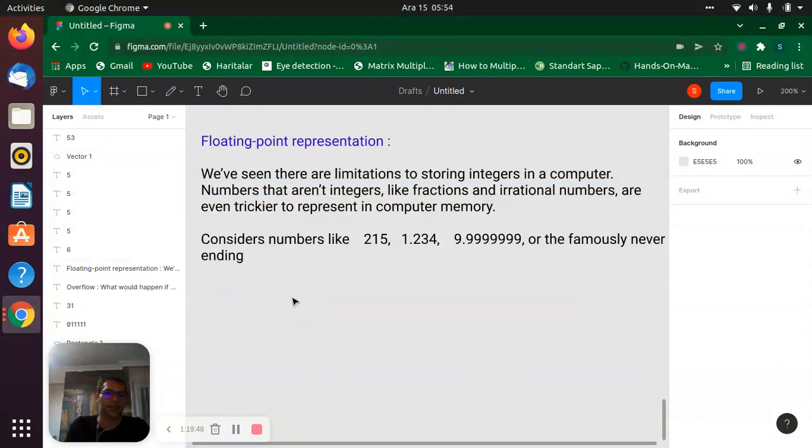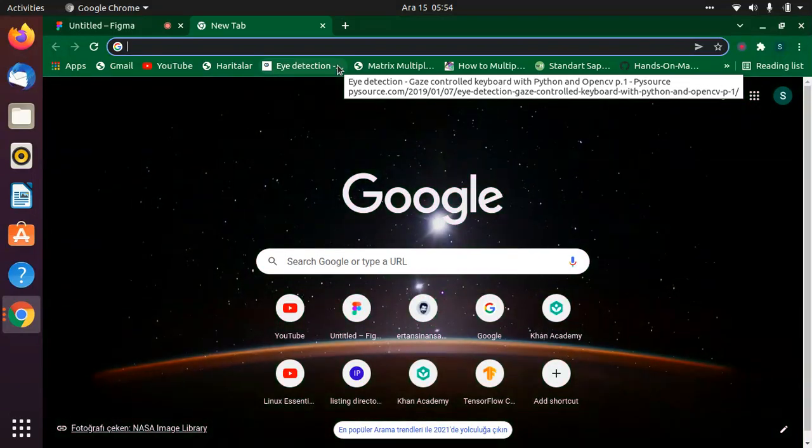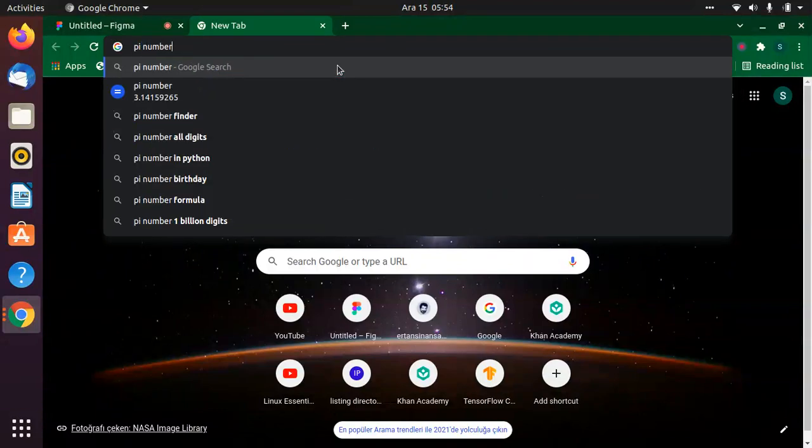Yes. Maybe I can type from some website. I don't want to do it this way because it's not looking very good. It seems bad. I can say pi number is equal to something like that, but it's okay.